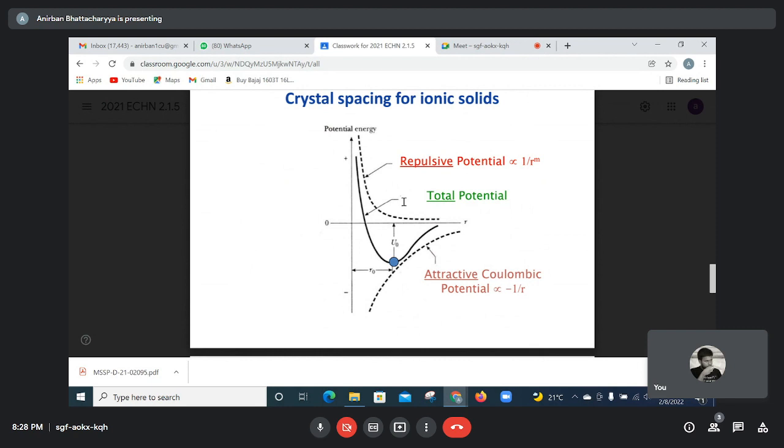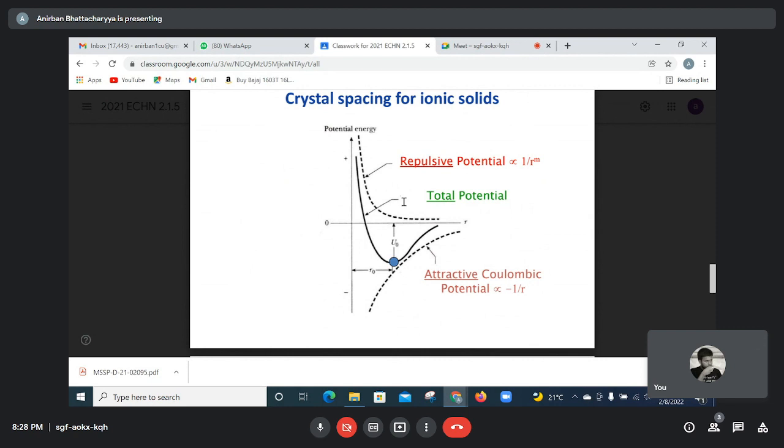It is the total of the two. So the continuous line, not dashed, gives you the total potential. At short distances, can you see it's high? And then it crosses zero, becomes negative, and then at longer distances, it asymptotically goes to zero.